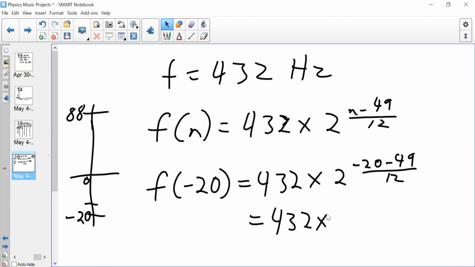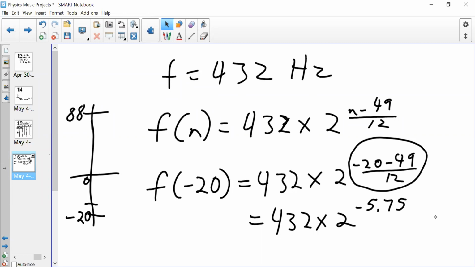And so we go 432 times 2 to the minus 5.75. That's what this exponent is, negative 5.75. And so then in order to evaluate 2 to the minus 5.75, we can have on our calculator 2 with this caret symbol.